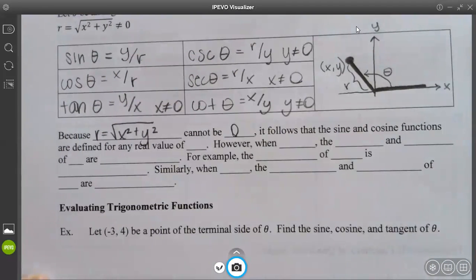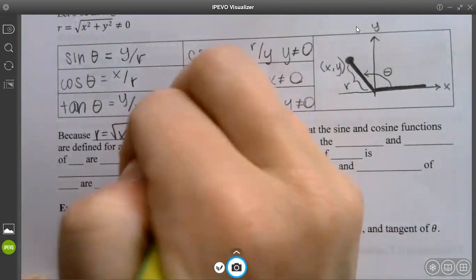It cannot be 0. We can't have a radius of 0. There would be no circle. It follows that the sine and cosine functions are defined for any real value of theta.